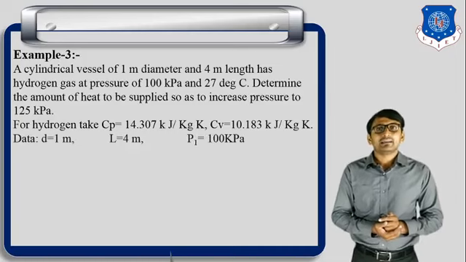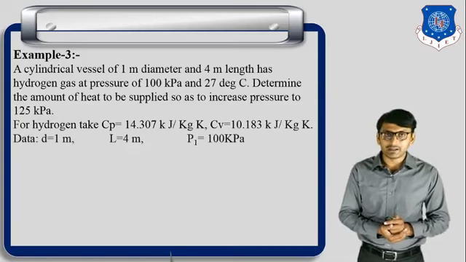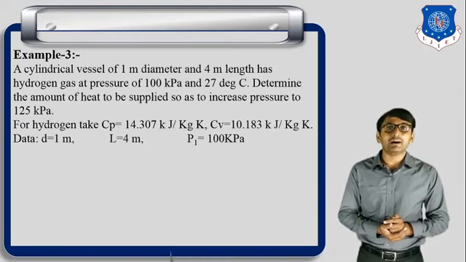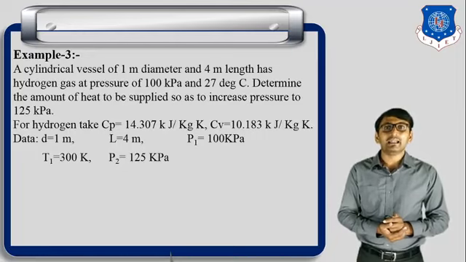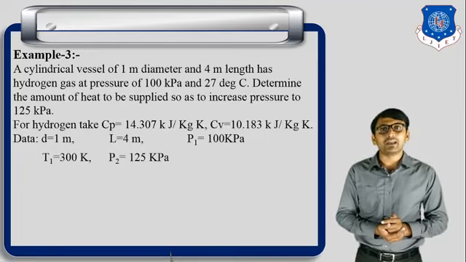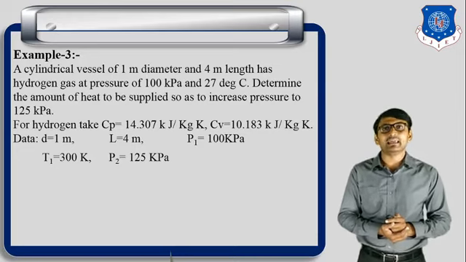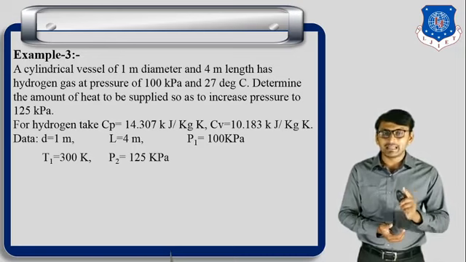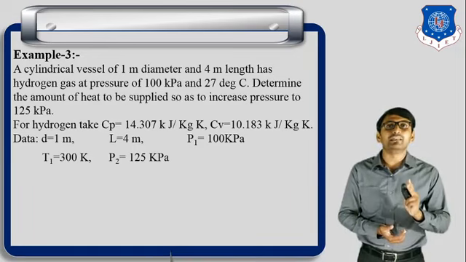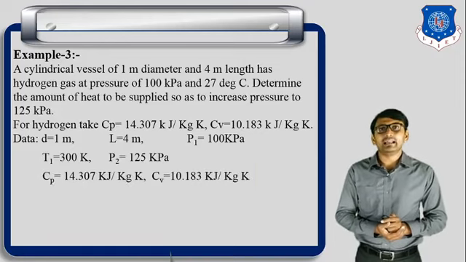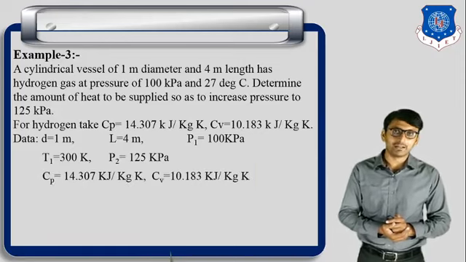Now data, diameter is equal to 1 meter, length is equal to 4 meter, pressure P1 100 kilopascal, temperature T1 300 Kelvin and P2 125 kilopascal. So this data is given in example, 1 for initial value and 2 for final value. Remember, Cp and Cv also given in example.